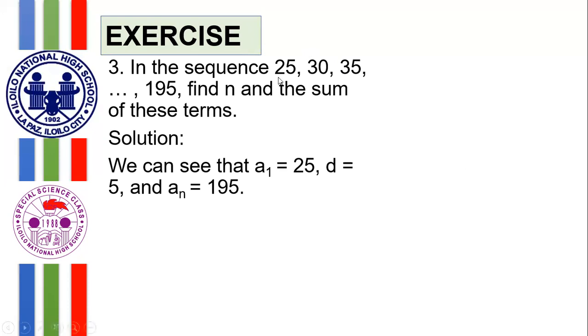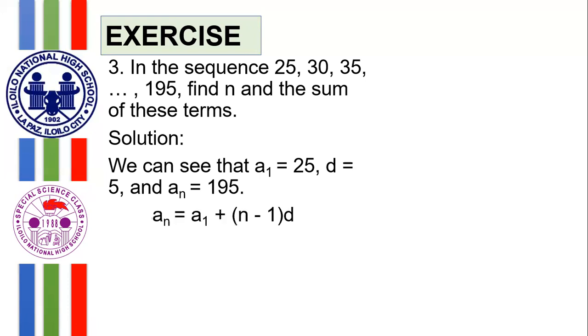That is, if you subtract a value of a term by its immediately preceding term, then you will get a constant value, which is 5. So D is 5. We know that 195 here is the last term. So we will let 195 be a sub n for now.